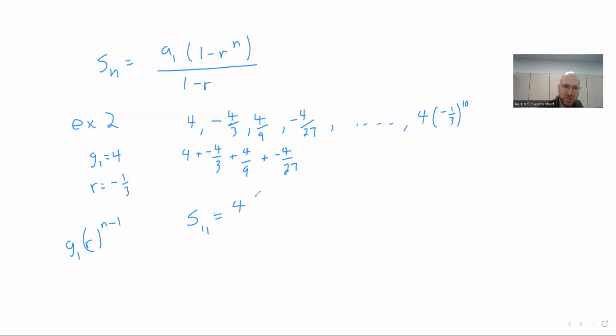A sub 1 is 4. My ratio is negative 1/3. It's important that I do use the negative here for the 11th. 1 minus negative 1/3. And I'm just going to use a calculator, and I will use all those parentheses.